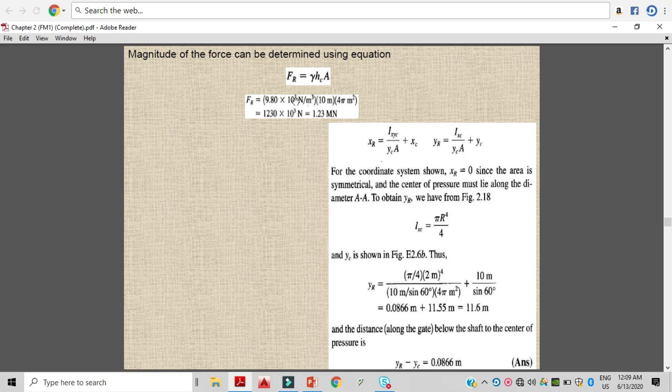When you multiply all of them together, we end up with 1.23 meganewton. So the net resultant force acting on the gate is 1.23 meganewton.